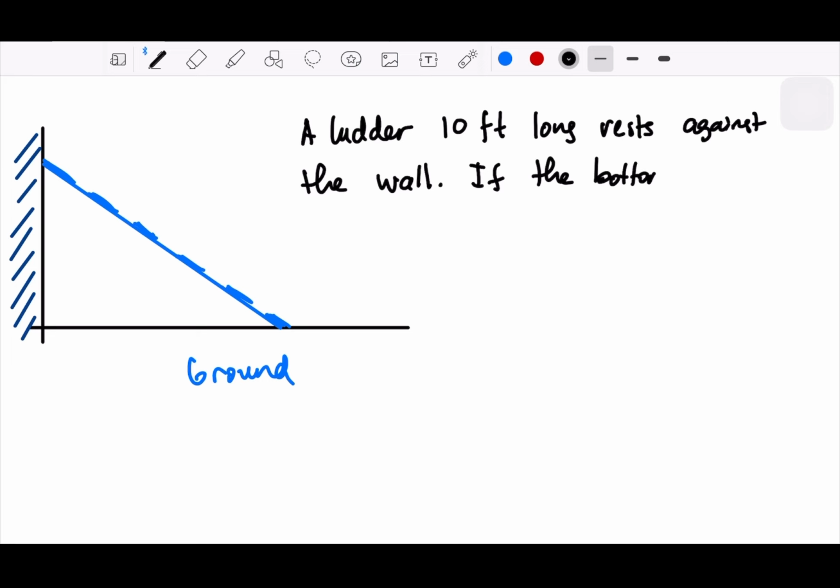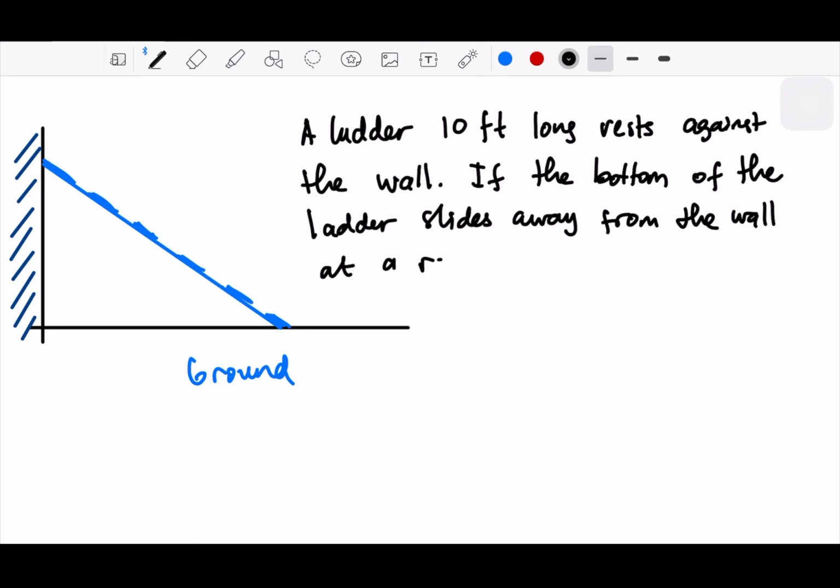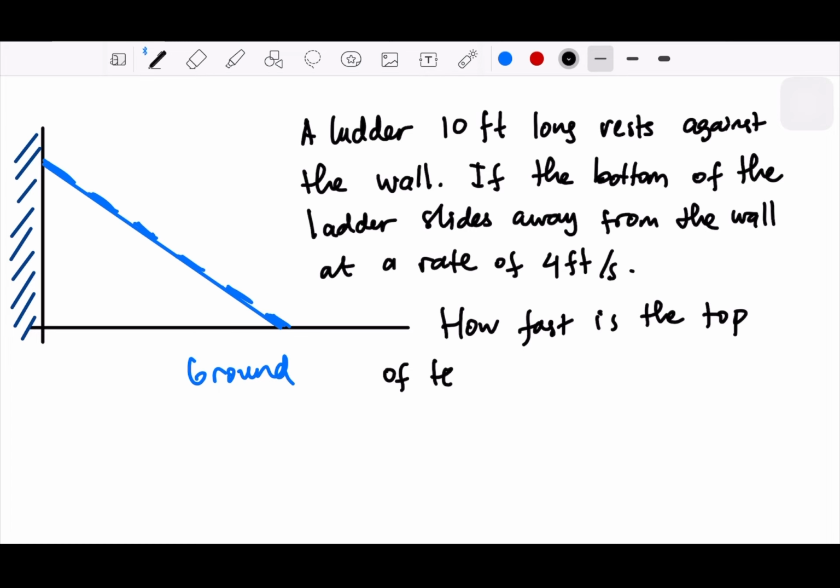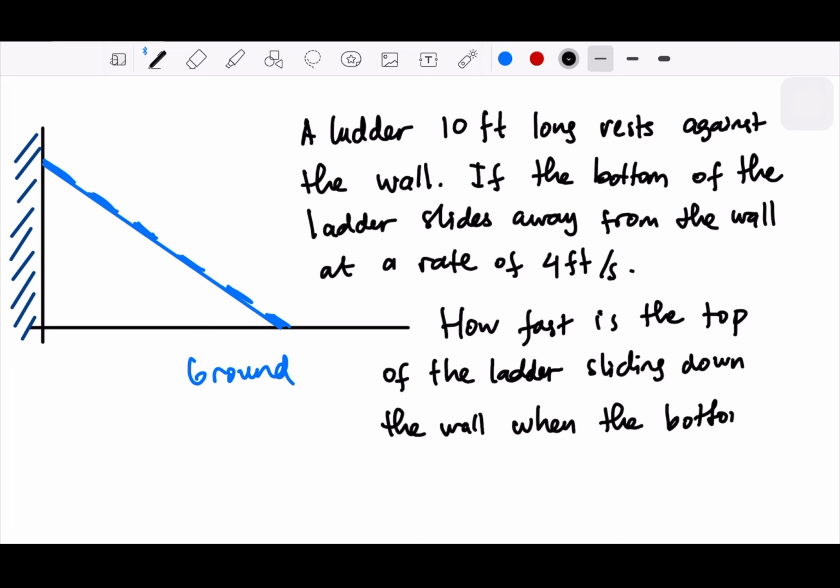If the bottom of the ladder slides away from the wall at a rate of 4 feet per second, how fast is the top of the ladder sliding down the wall when the bottom is 6 feet from the wall.